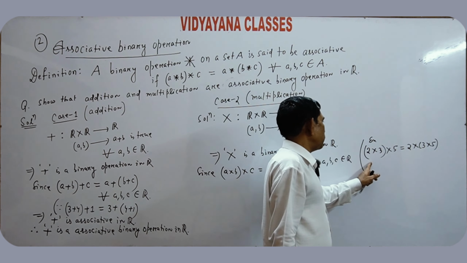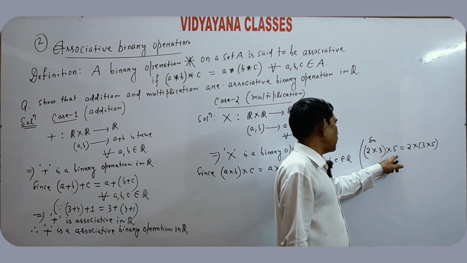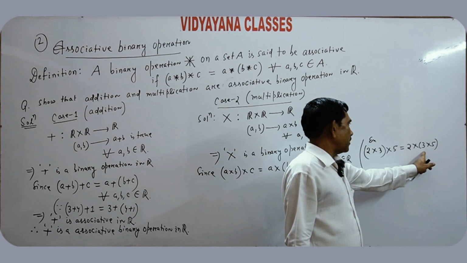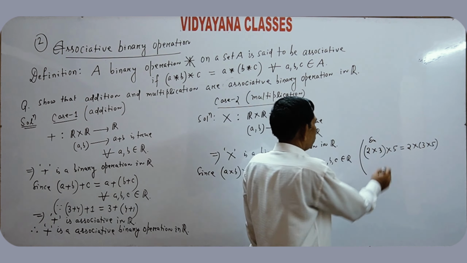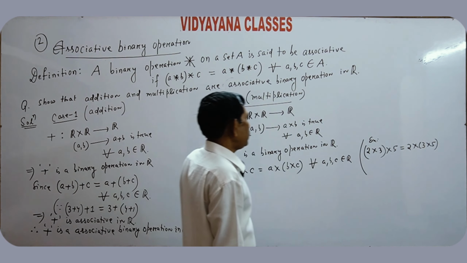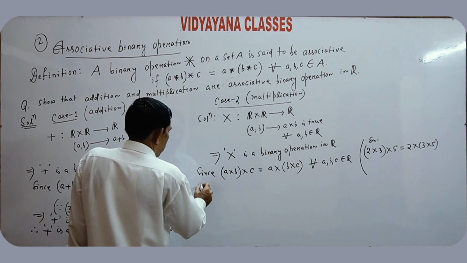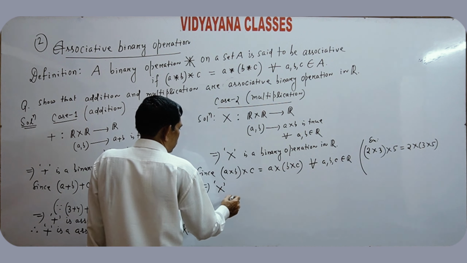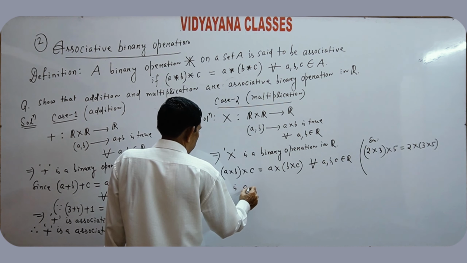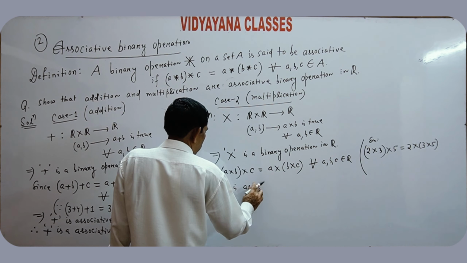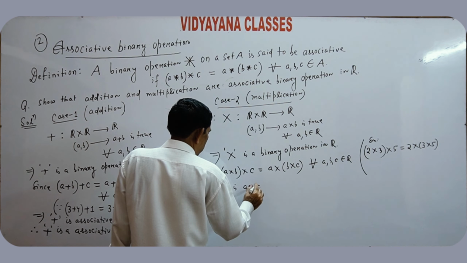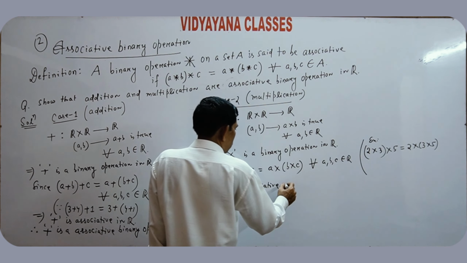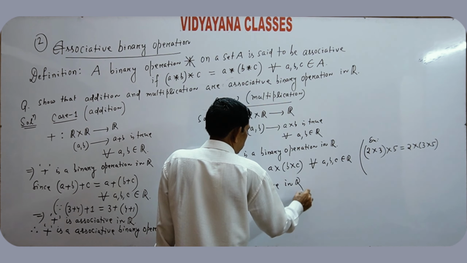This implies multiplication is associative in the set of real numbers.